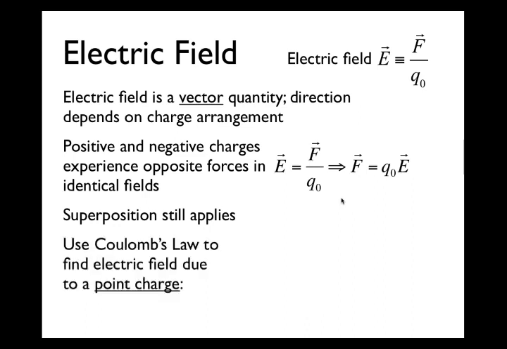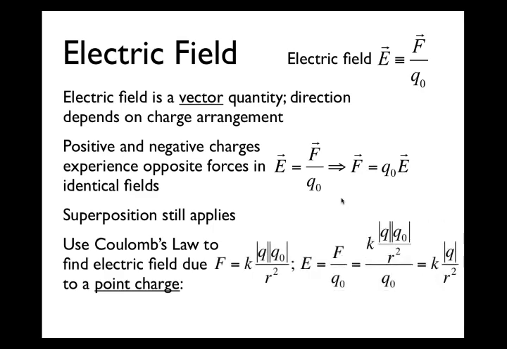And I can use Coulomb's law to find the electric field due to a point charge, and this is again only a point charge. There are other ways of figuring out what electric fields are from more complicated arrangements of charge. But if we take Coulomb's law, which we've assembled recently, the force is equal to the Coulomb constant times the product of the two interacting charges divided by the distance between those charges squared.